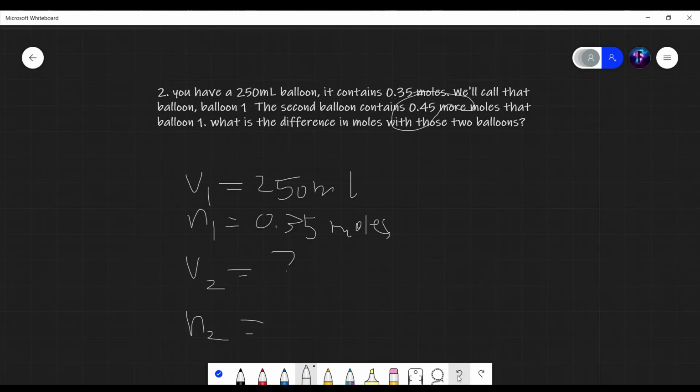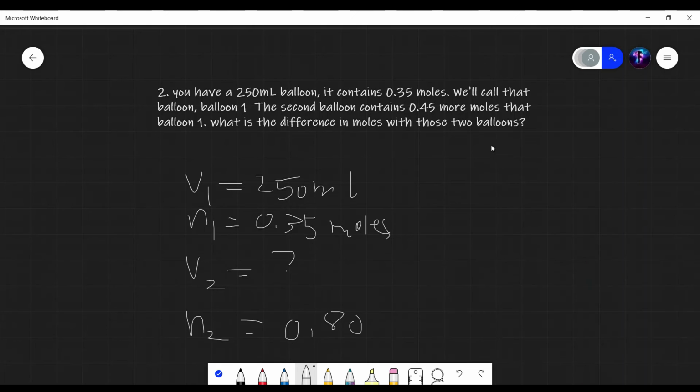So you're just going to add 0.35 with 0.45, which gives you 0.80 or 0.8. We'll just write it 0.8. So now we know what the correct moles for N2 is. You can put it into the formula.